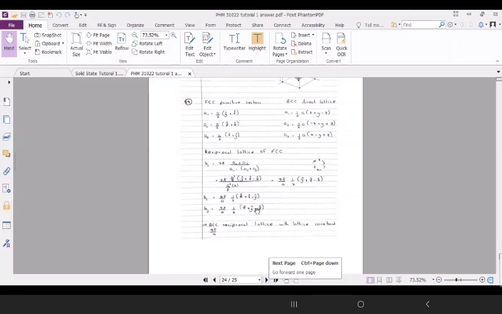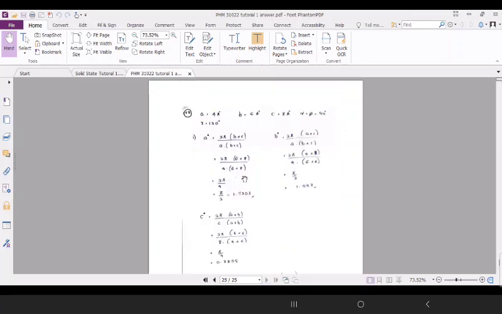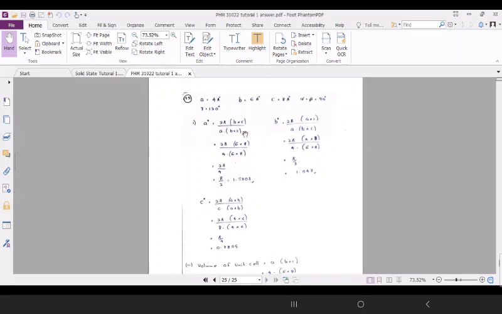For that requirement, you have to use this reciprocal lattice equation. They have given the values for a, b, c for the primitive vector calculation.